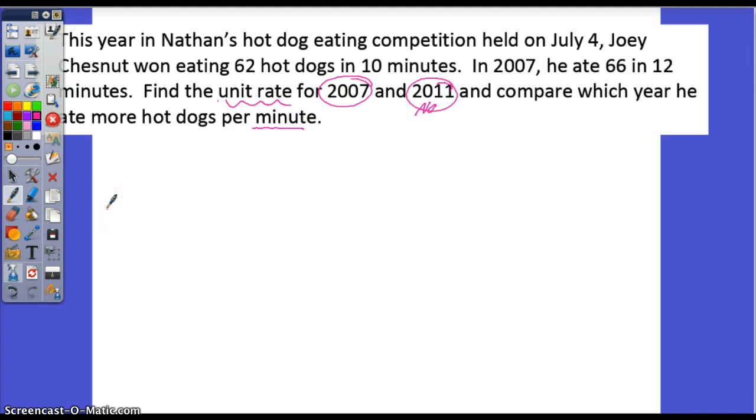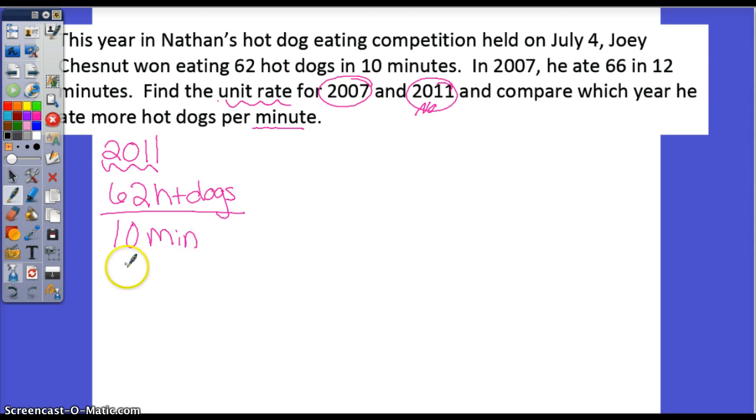Let's do 2011 first. So in 2011, he ate 62 hot dogs in 10 minutes. So I'm going to label it 62 hot dogs per 10 minutes. If I want to make it a unit rate, I need to make the denominator equal to 1.